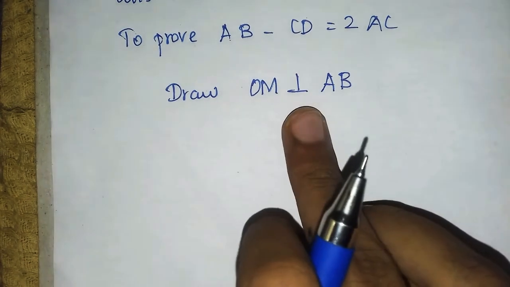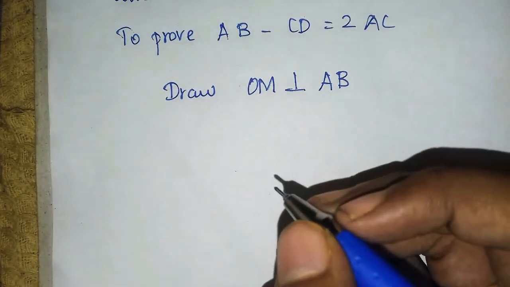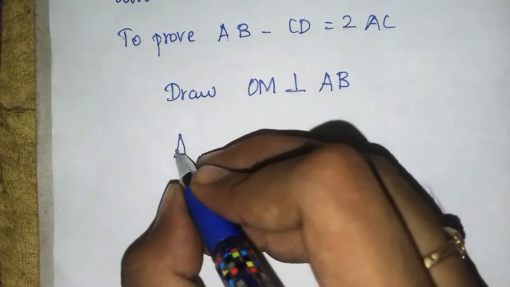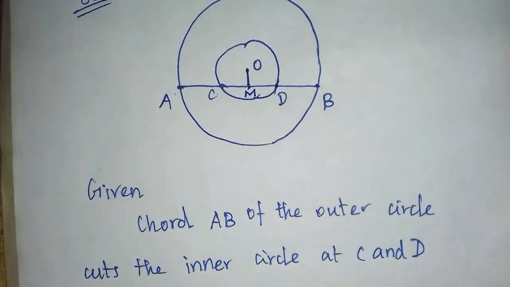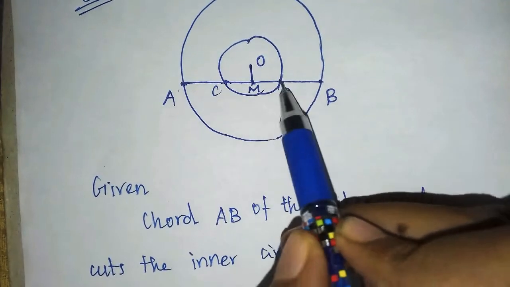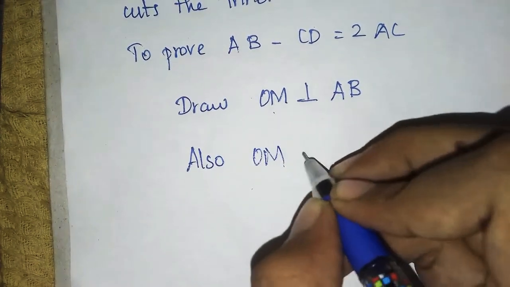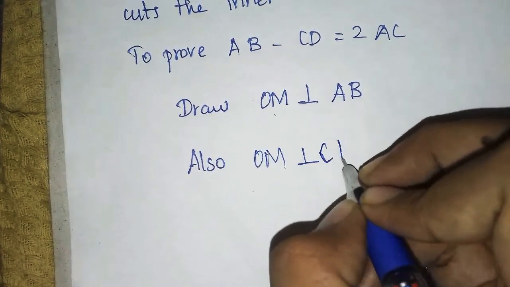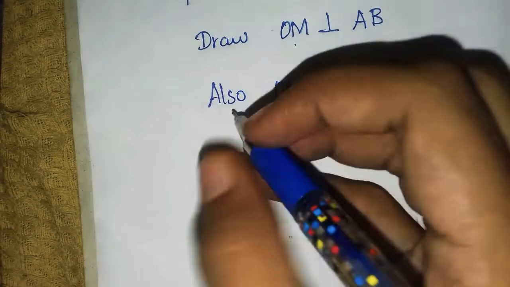This perpendicular line was drawn by ourselves. Now, also if OM is perpendicular to AB, then what can we say? OM is also perpendicular to CD. Shall we write that? Okay. OM perpendicular to CD.